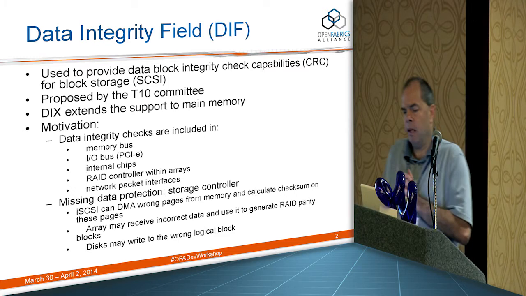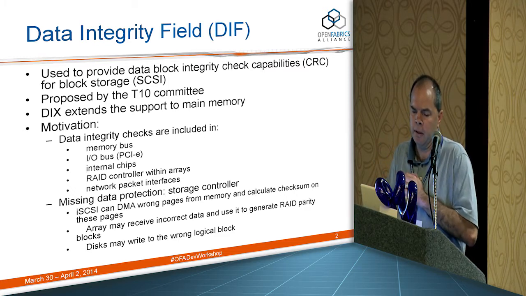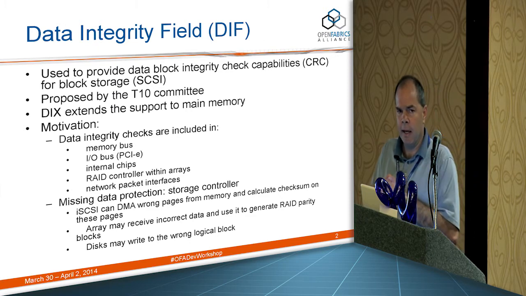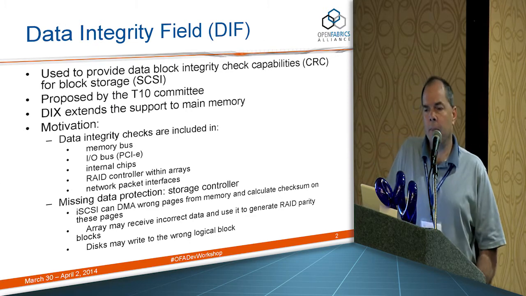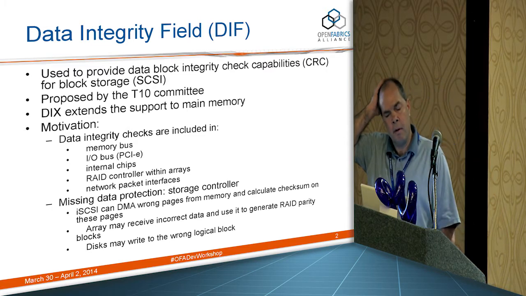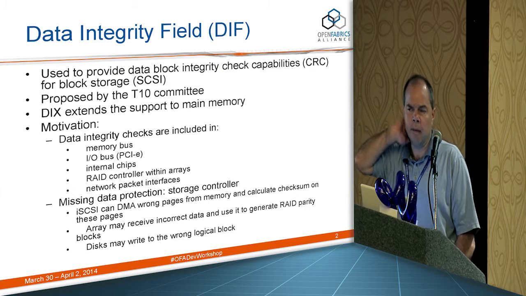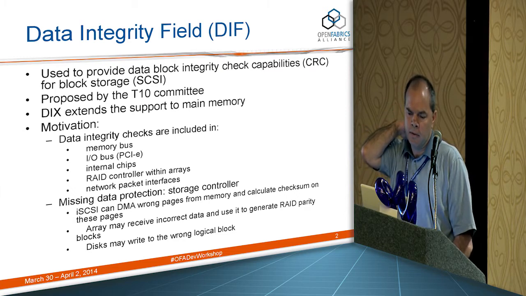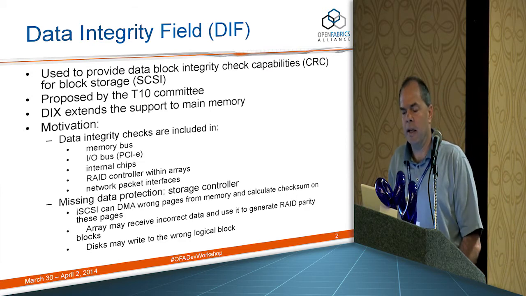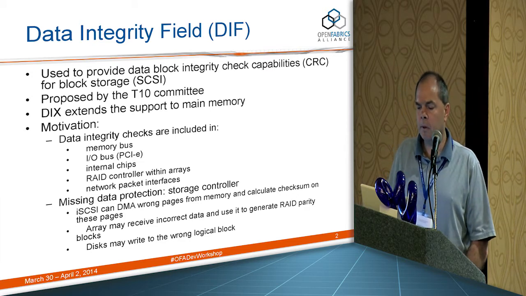So a bit about the feature that we're trying to support. Specifically, this is aimed at offloading to the NIC some of the operations that are done in the context of SCSI storage, and specifically dealing with the data integrity field, or the DIF.